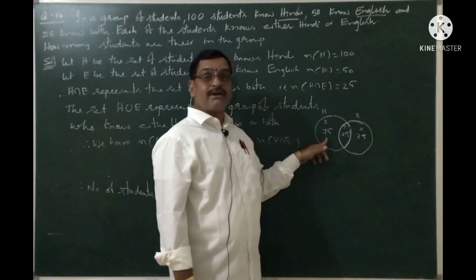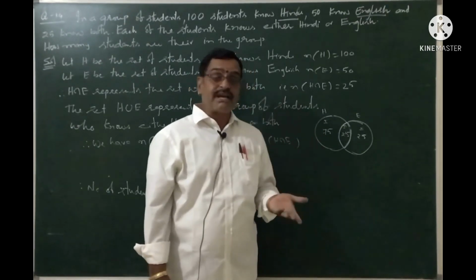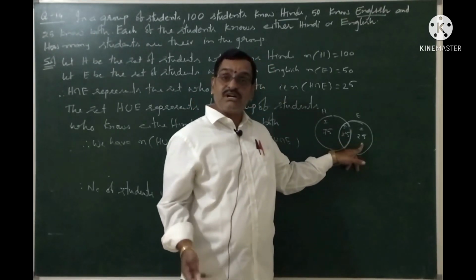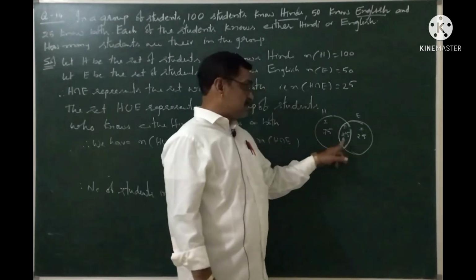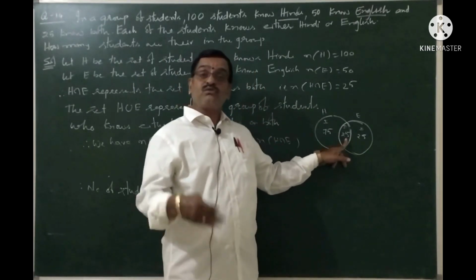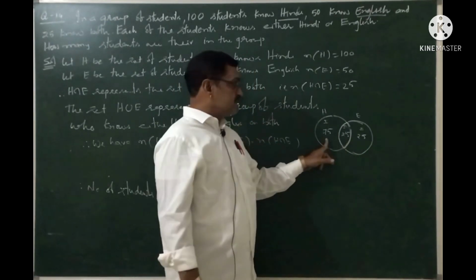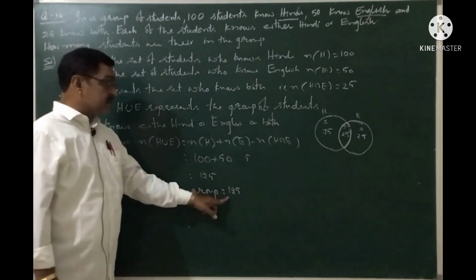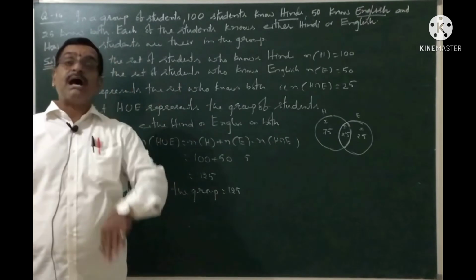Answer is 75. How many students know only English? Answer is 25. How many students know both? Answer is 25. How many students are there in the group? Simply add. So with one diagram, not only this answer, we can get two more answers also.